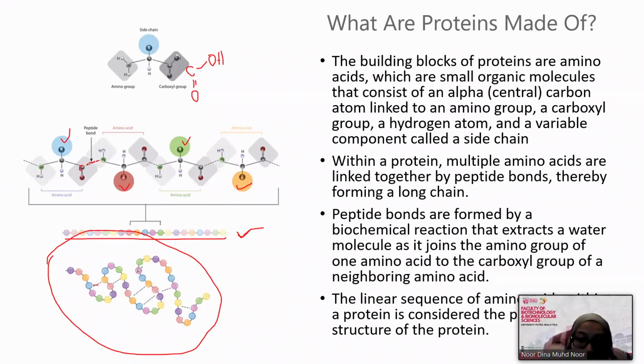For such a three-dimensional arrangement, they are going to have a proper site for the substrate to attach to, and they are going to carry out any types of process. The protein can be an enzyme, it can be a hormone, it can be anything.